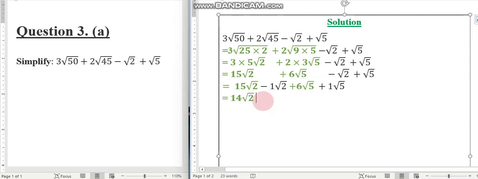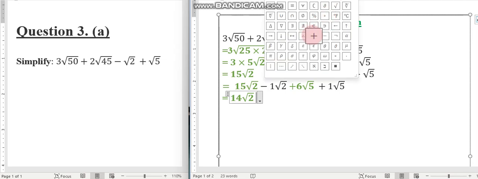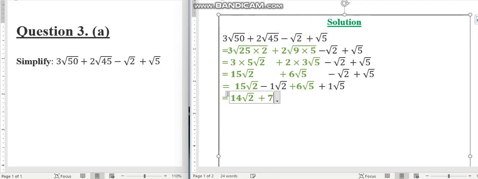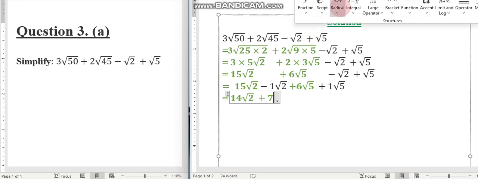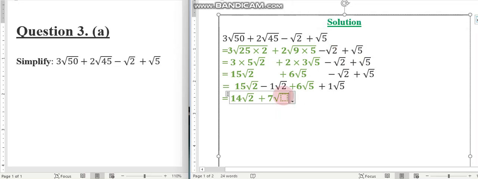So we are going to get plus 7 root 5. The root 5 will still be maintained because it's standing there like a unit. So we don't add the root 5, you just maintain one of them. And this is your final answer.